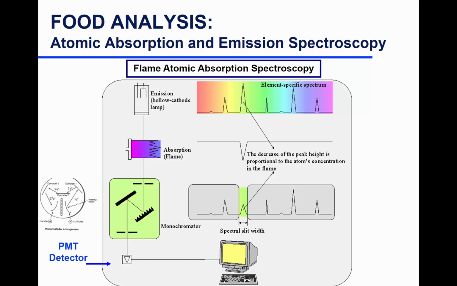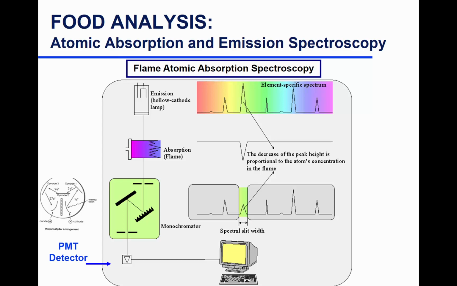So this demonstrates further what happens. You have your flame with the sample in it. You have the cathode that emits radiation that is element specific. Then it goes through your sample, where calcium or iron or whatever element you are measuring absorbs light at a particular wavelength that you can select using a monochromator.